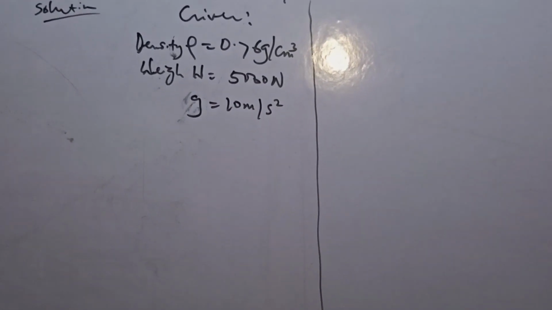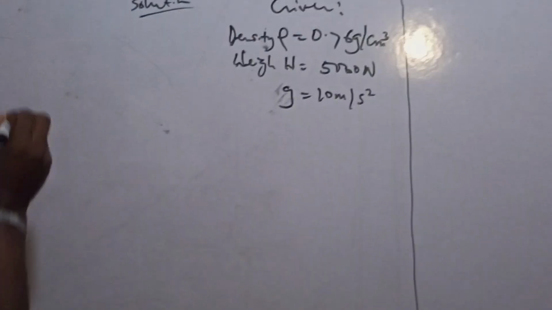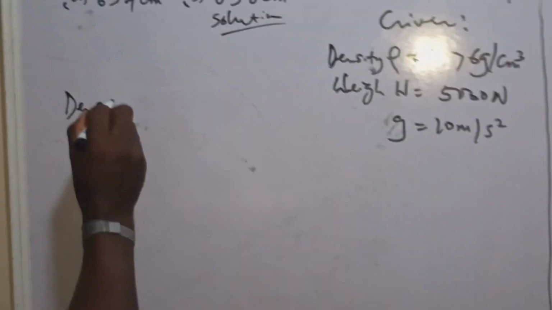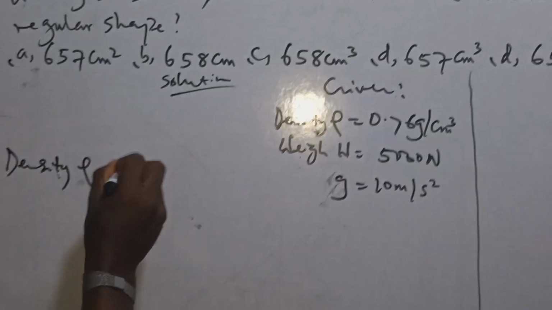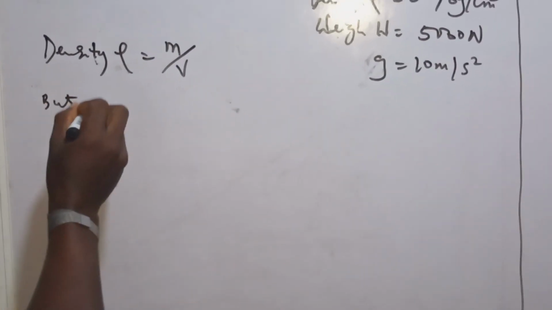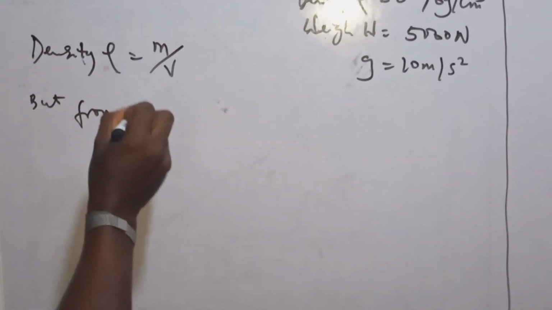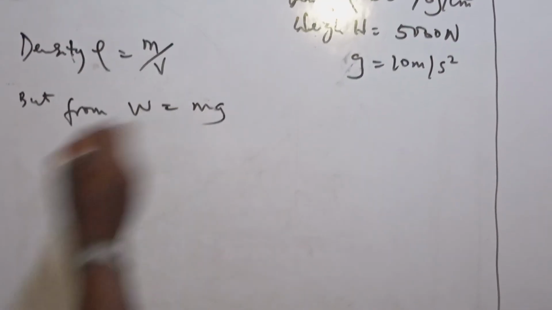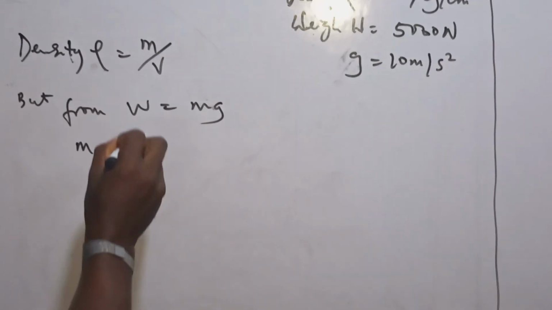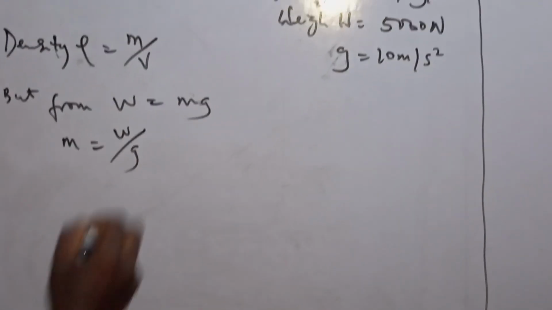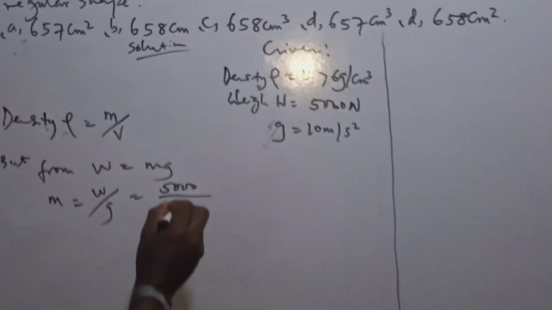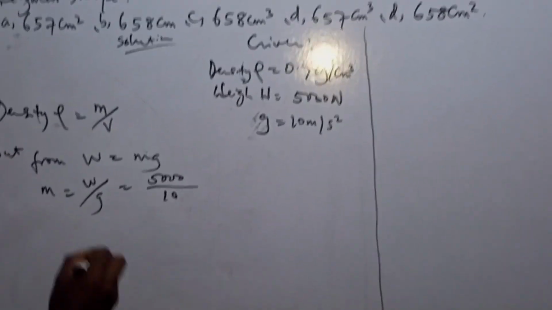Now let's see how we solve this problem. We have that density is mass over volume, but from weight equals mass times acceleration due to gravity, we have that mass is equal to weight over acceleration due to gravity. Now the weight here was 5,000 divided by acceleration due to gravity, which is 10.